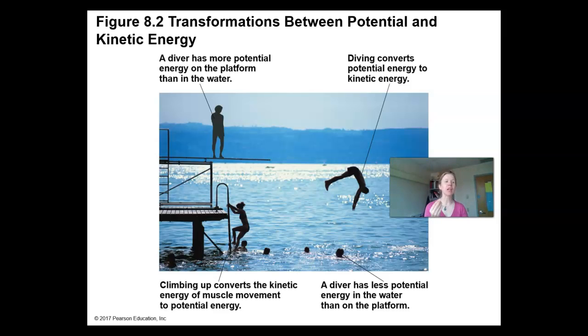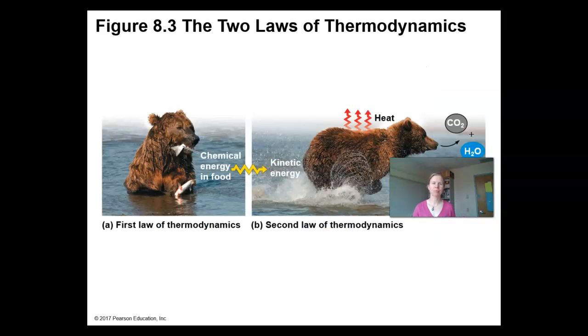So in food, in glucose, in the carbon bonds in glucose, there is energy stored there. It's potential energy. And so when your body breaks those bonds, it can release that energy and then do work. You can do your homework. You can go for a run, those sorts of things. So it's a lot of conversion back and forth between potential and kinetic energy.